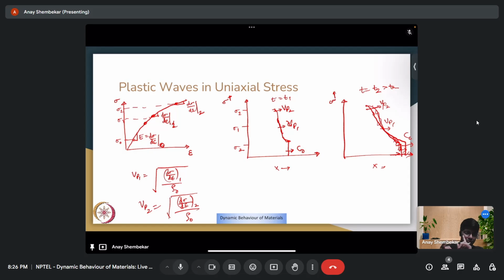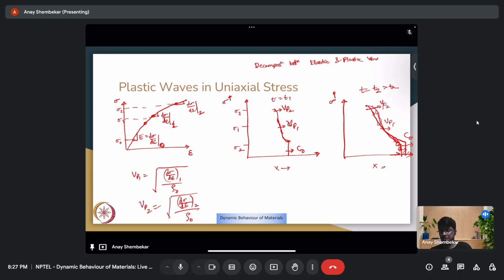Typically, that will be much smaller than the elastic wave speed, sometimes by an order of magnitude, which means that the high stress plastic wavefront will travel slower, and your low stress elastic wavefront will travel much faster and reach whatever measuring point you have. So that is a decomposition between elastic and plastic waves.